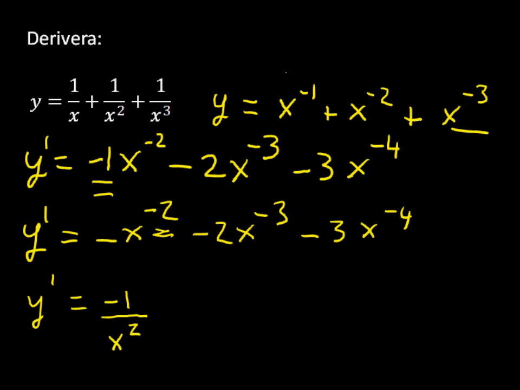So I'll take that away. Now the next part is going to be -2 on top, and then x to the power of 3 on the bottom. And then we'll have this. I should probably make this look a little better. There we go.